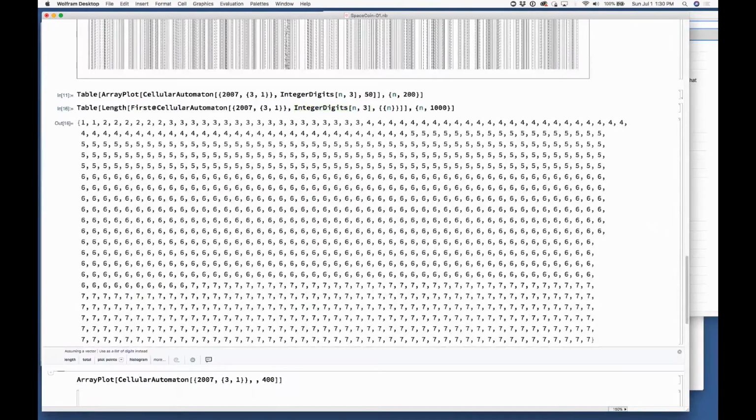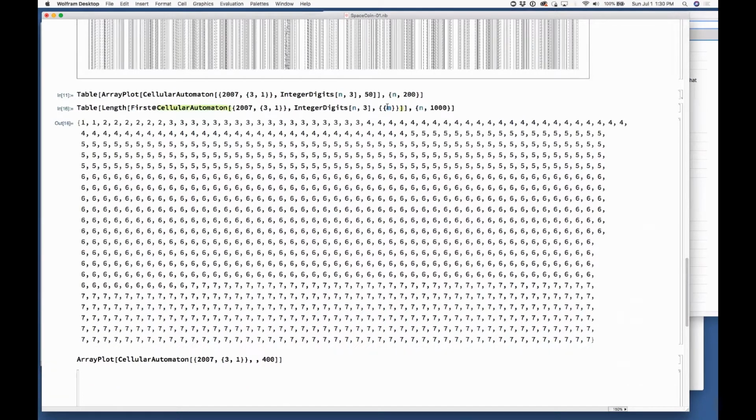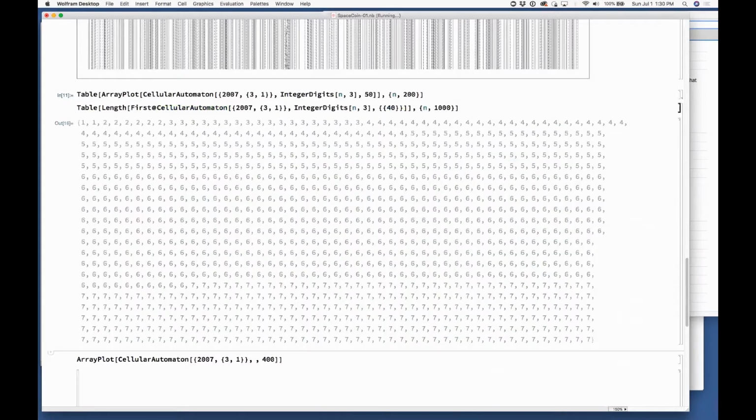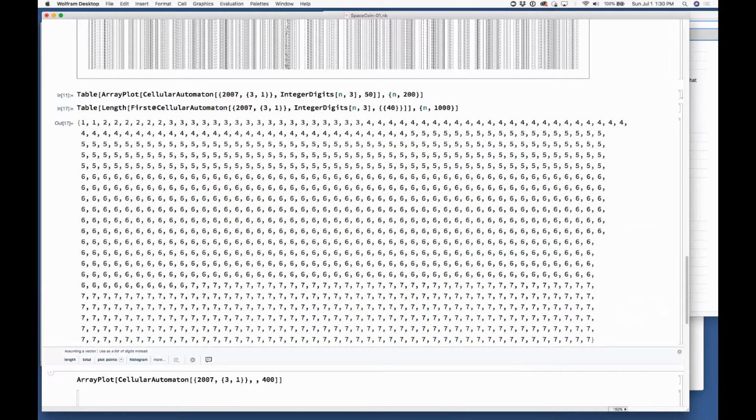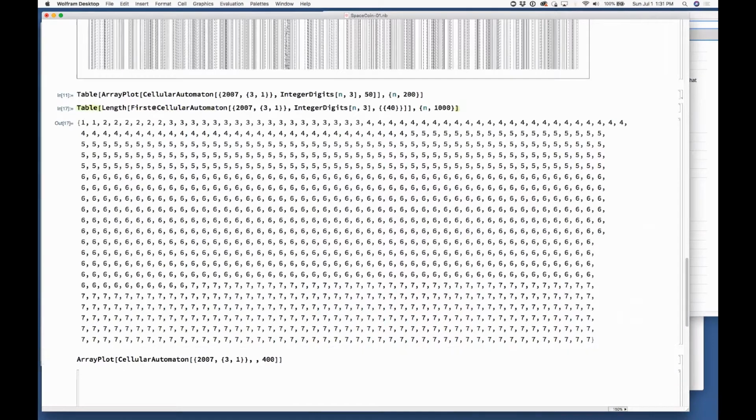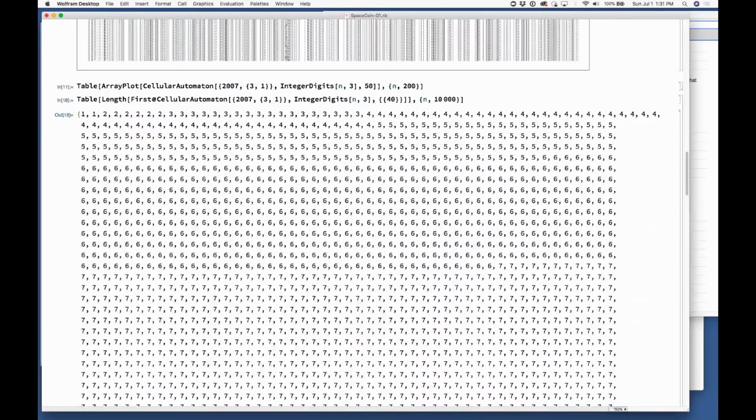Okay, so this is showing us the size of the structure after n steps. I just want to do this after like 40 steps here. So basically none of these structures grow. The only reason they're getting bigger is because we're looking at digits of a larger number. So that's completely boring. Let's see what happens if we go up to 10,000.